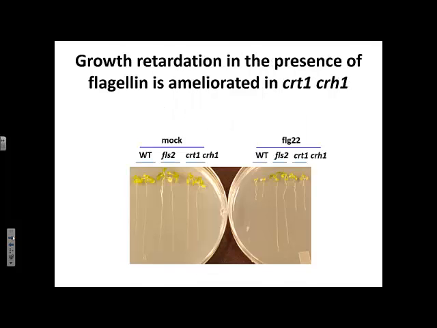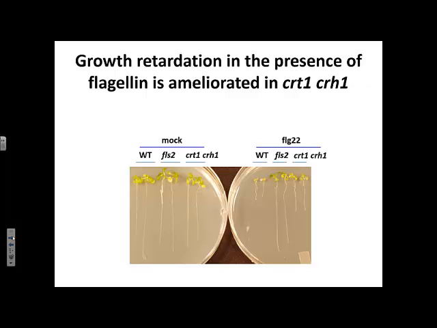Another one: if you trigger immune response all the time, what the plant suffers is growth, because immune response is an energy-consuming process. So you don't want to turn it on all the time. So in this case, you treat the plants with flg22 in the wild type background versus fls2. You can see that there is a difference in growth.